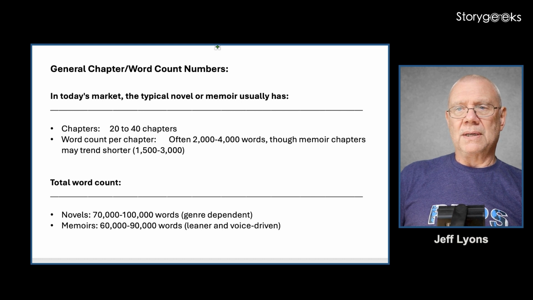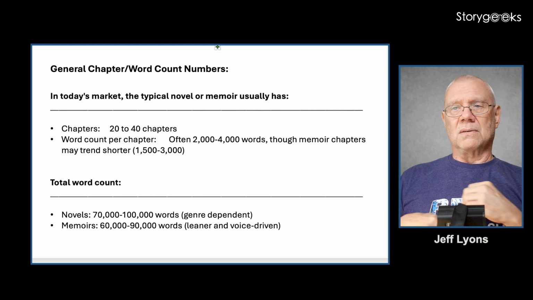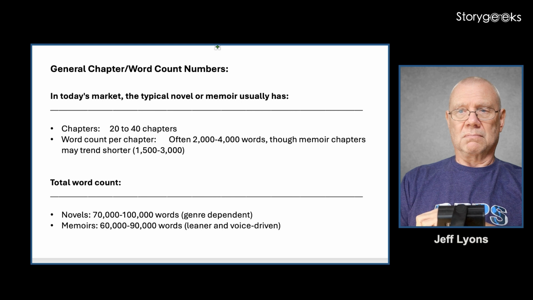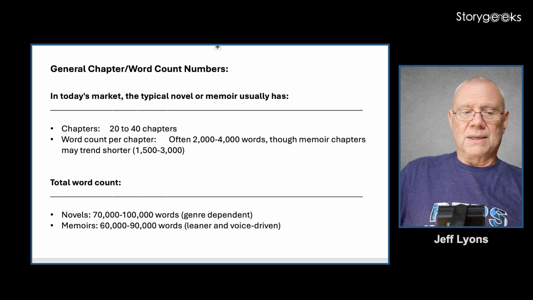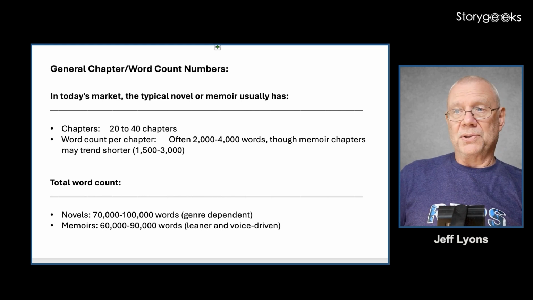So, generally speaking, most commercial books, whether they're memoirs, which can be a little shorter, or genre fiction, you're looking at 20 to 40 chapters. Chapters have a tendency to be anywhere from 2,000 to 4,000 words, a little shorter for memoir chapters. That's the tendency. That's the best practice.